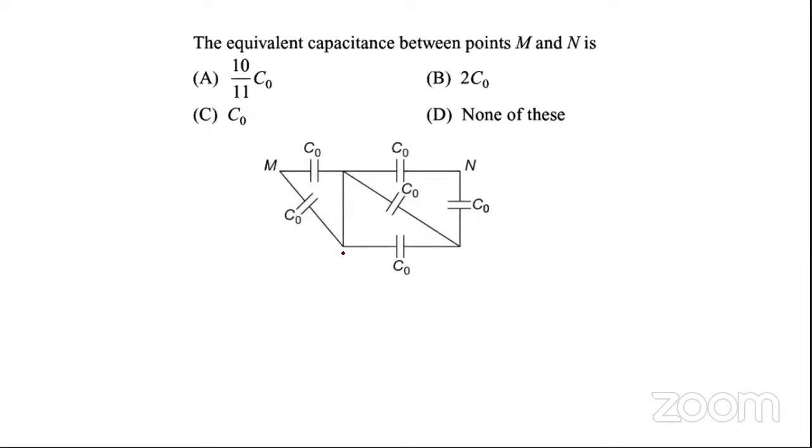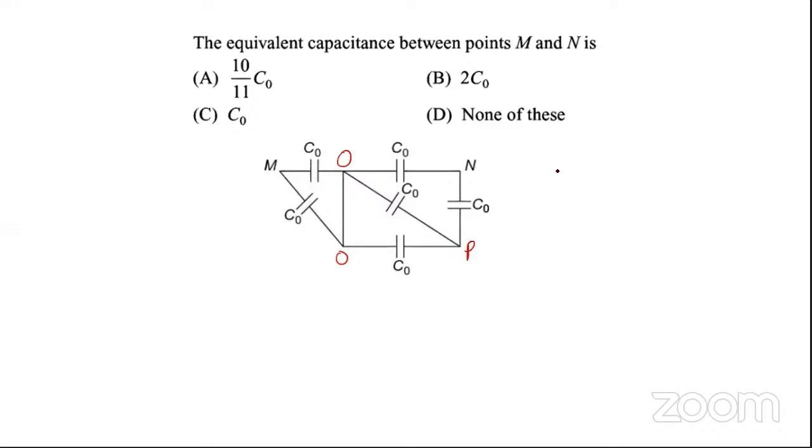See, first we need to identify the different types of points in the circuits. Okay, so we can see over here is a point. Suppose we call it O. This will also become O, and there is a point over here P.